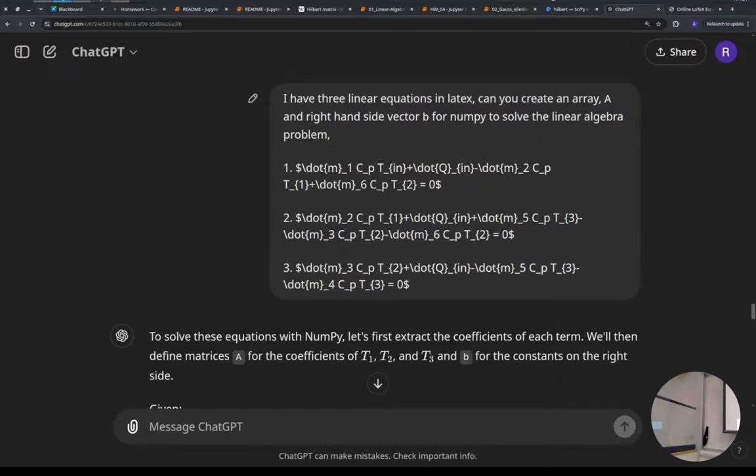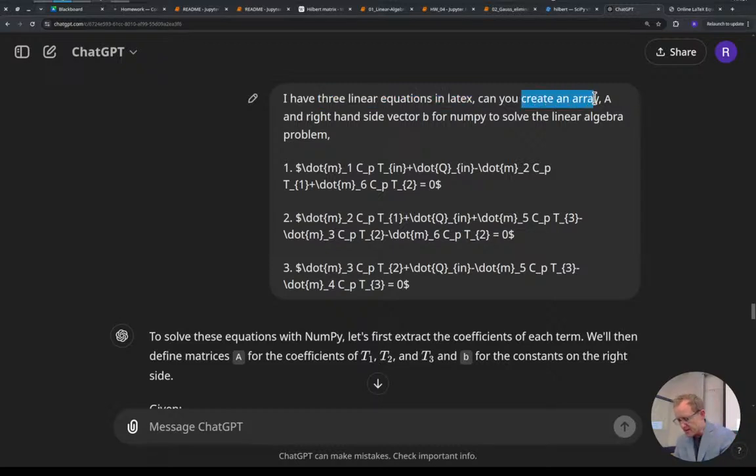So at least the stuff that I thought was important, like, okay, ChatGPT, this is what I want you to do. The fact that I'm telling it that it's linear equations is a big indicator that I want 3 linear equations. So it's not looking for 4 unknowns, it knows to look for 3 unknowns.